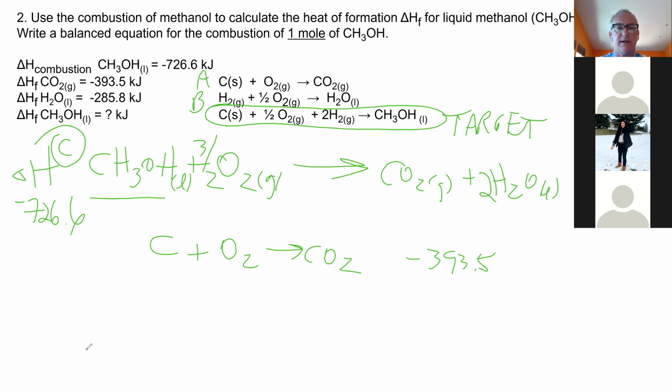Now I want 2 moles of hydrogen gas. We're going to take B and multiply that by 2. So 2H2 plus O2 gives me 2 waters. And what's the amount of energy associated with that?